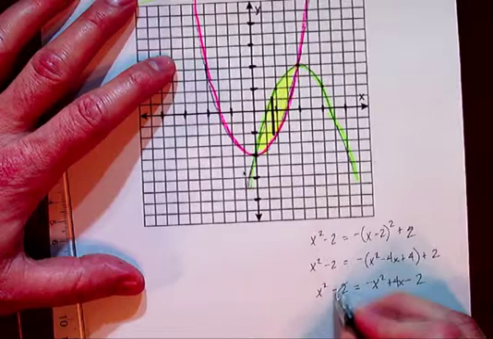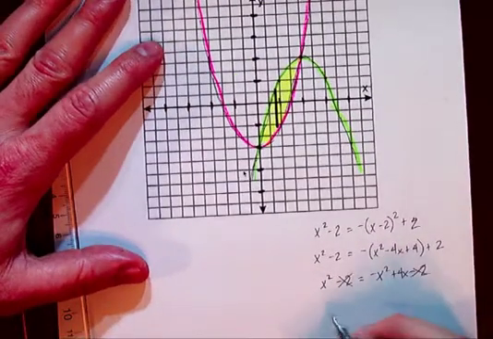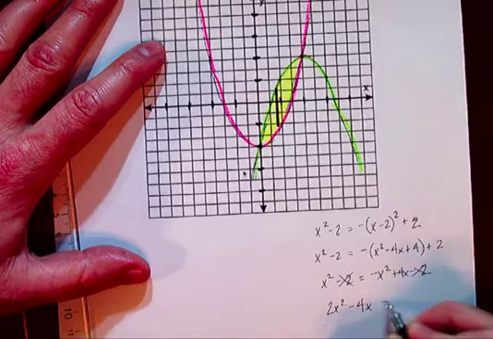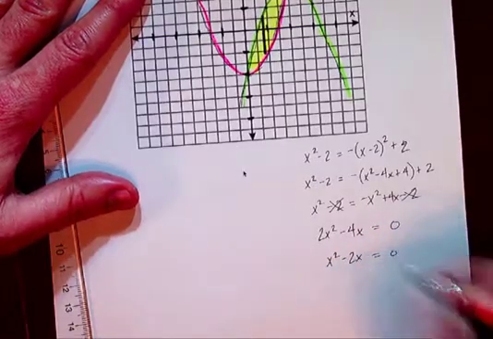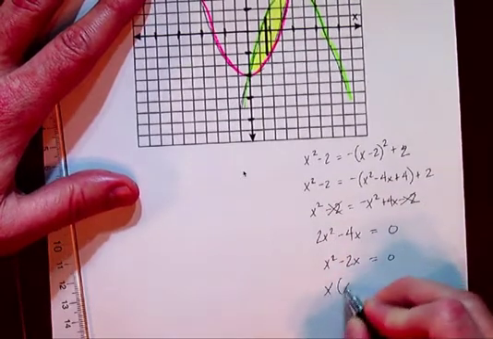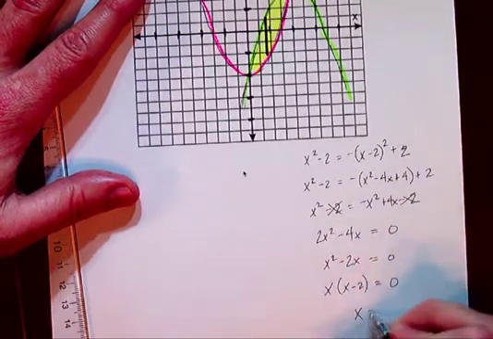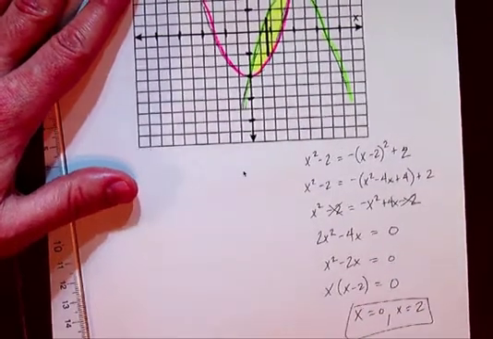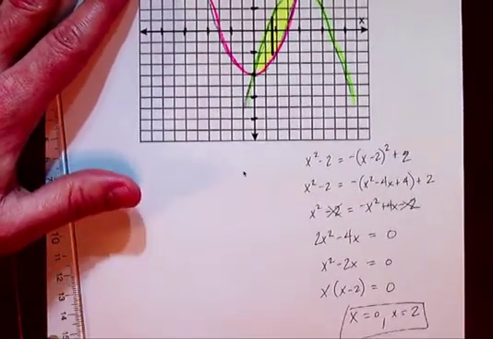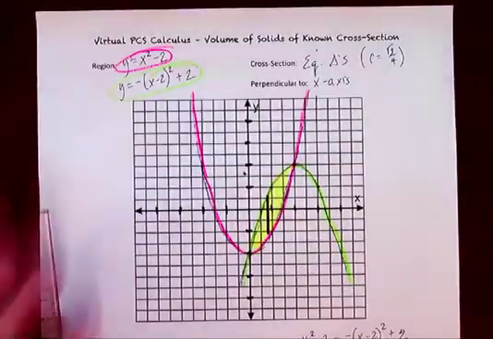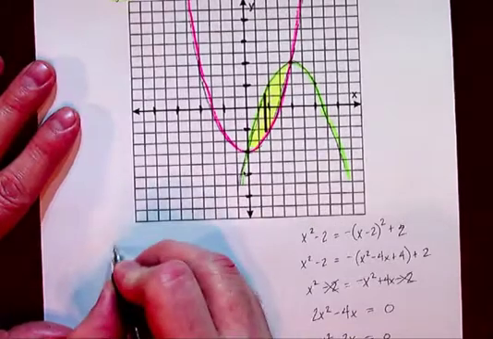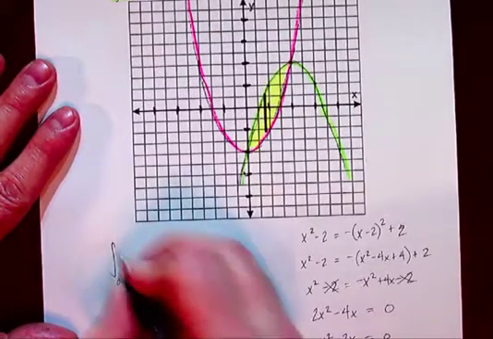The minus 2's go bye-bye, and I'm going to get 2x squared minus 4x is equal to 0, or x squared minus 2x is equal to 0. That factors x times x minus 2, and x is equal to 0, and x is equal to 2. Those are my points of intersection. Or, like I said, you can just read it off the graph. That means that my limits of integration are going to be 0 to 2.